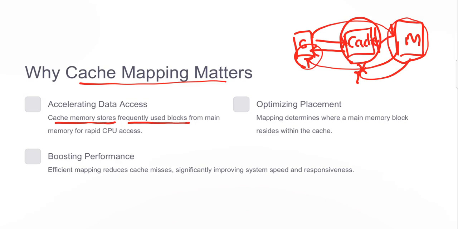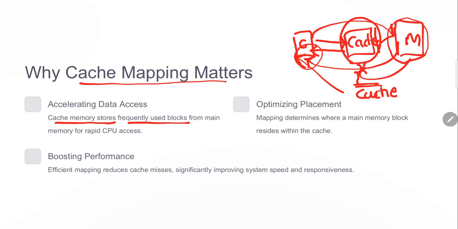For that efficiency, cache memory is the fastest memory and its transfer rate is very high. So frequently accessed data is stored in cache memory and then transferred to the CPU.